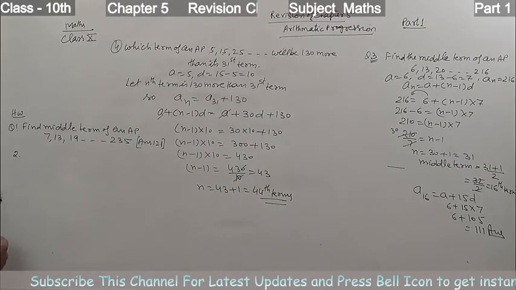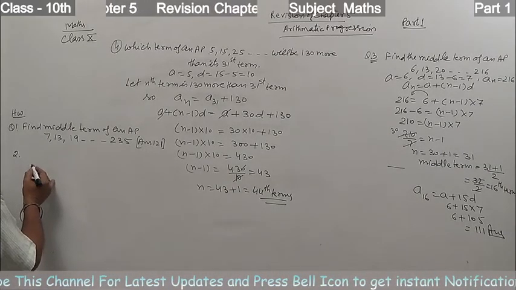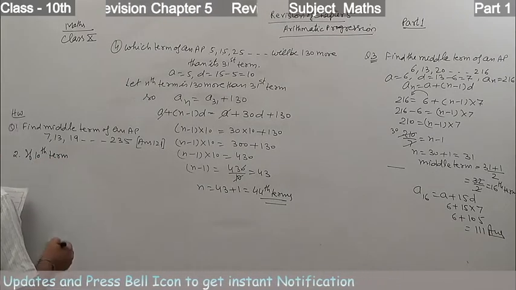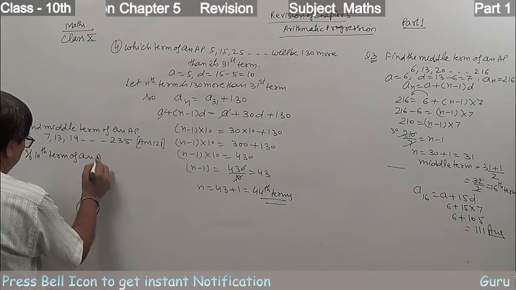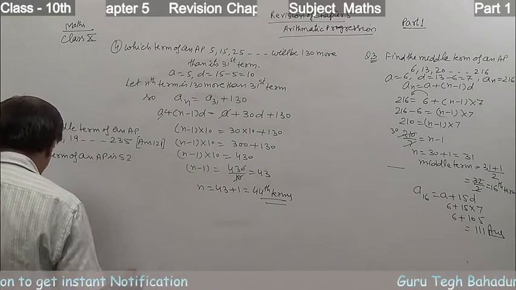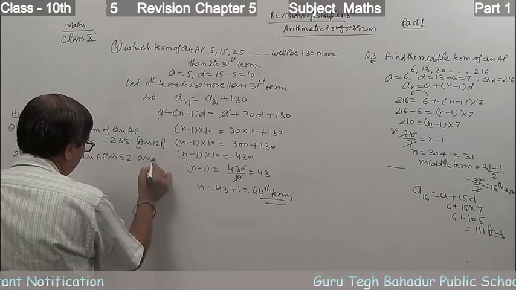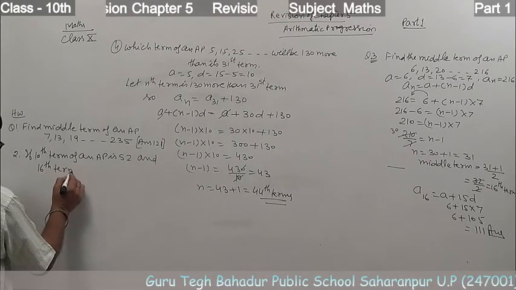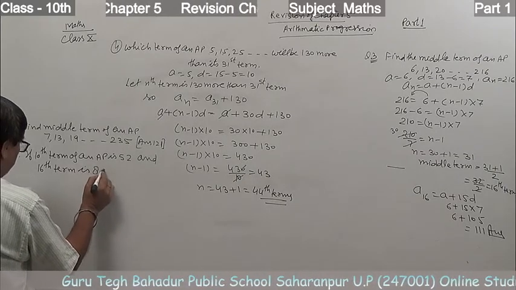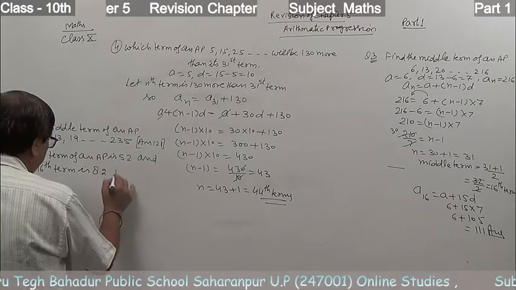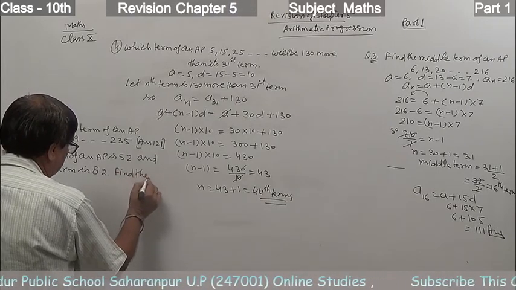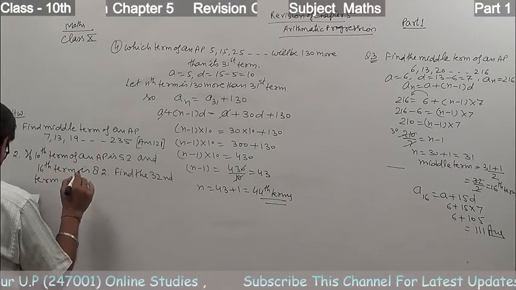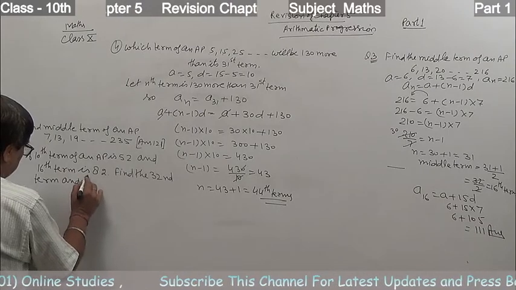Second question: if the 10th term of an AP is 52 and the 16th term is 82, find the 32nd term and the nth term.